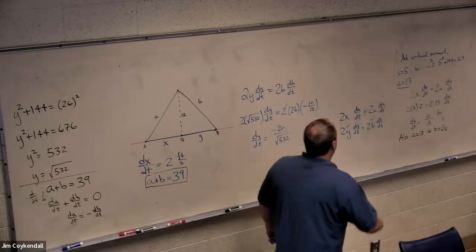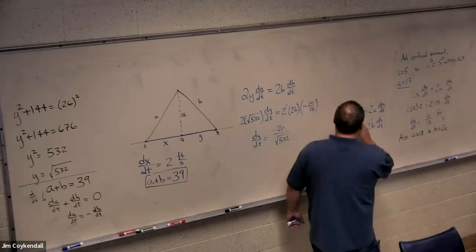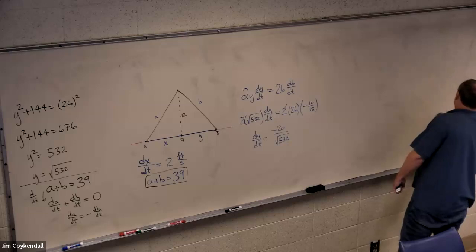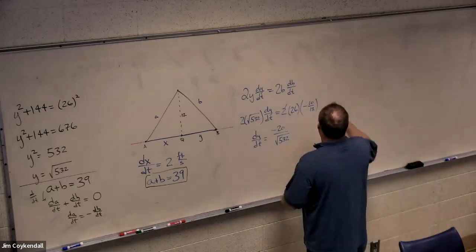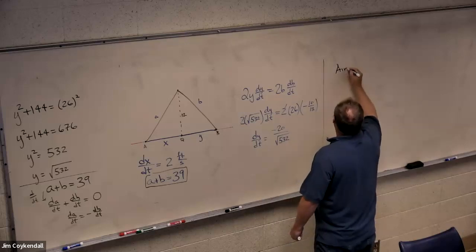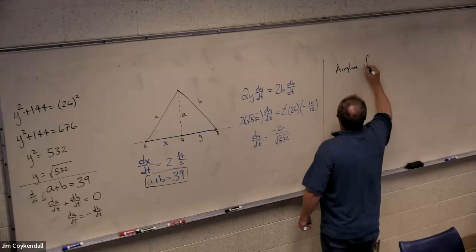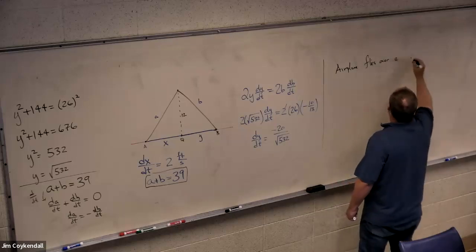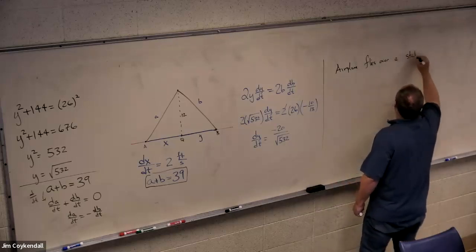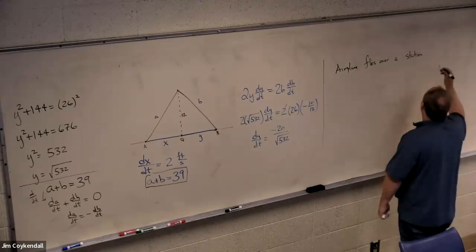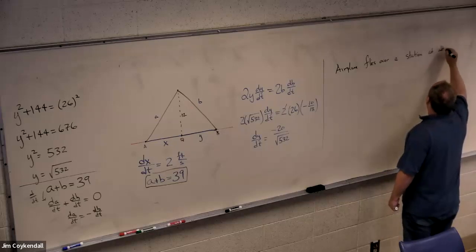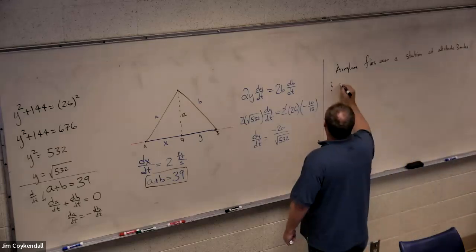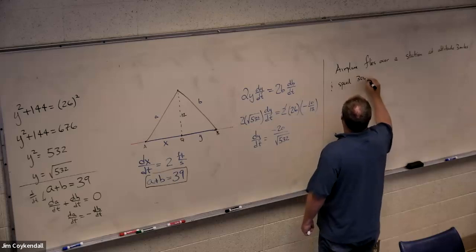Is that the airplane? In fact, I'm going to do this the way I saw some of you do it, which is fine. So you've got this airplane over a station at altitude 3 miles, flying at 300 miles per hour.